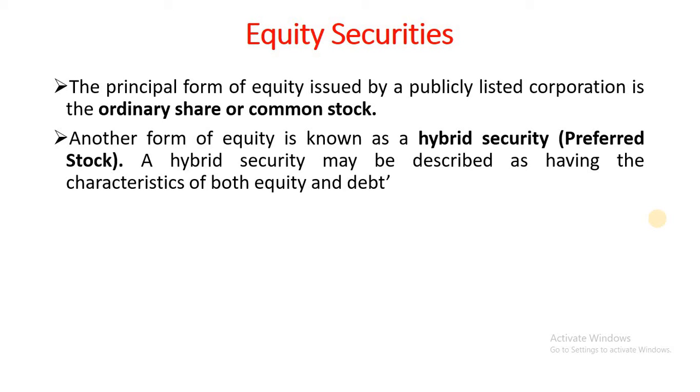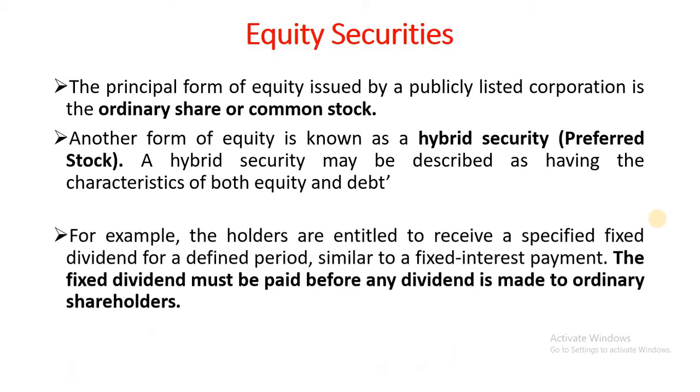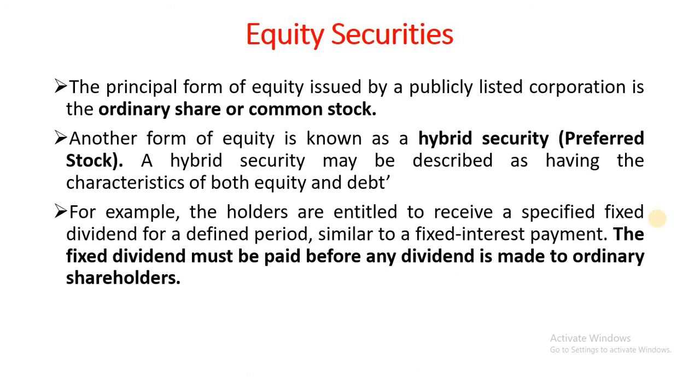Preferred stock is a hybrid security because it resembles the characteristics of both common stock and debt securities. For example, the preferred stockholder is entitled to receive fixed dividend, which is very similar to a fixed interest payment of a debt security.